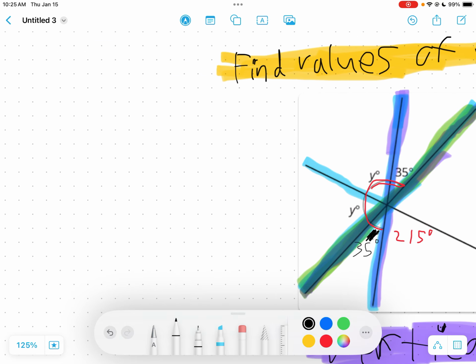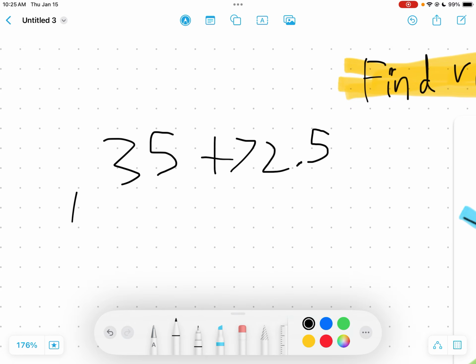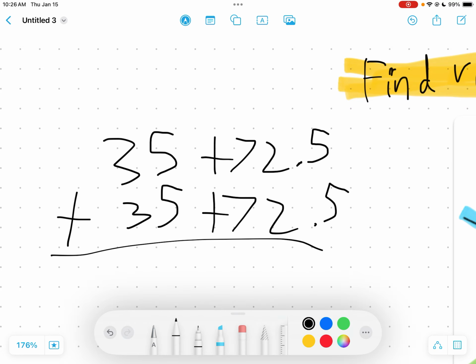So just to make sure, 35 plus 72.5 plus 35 plus 72.5, that equals 215.